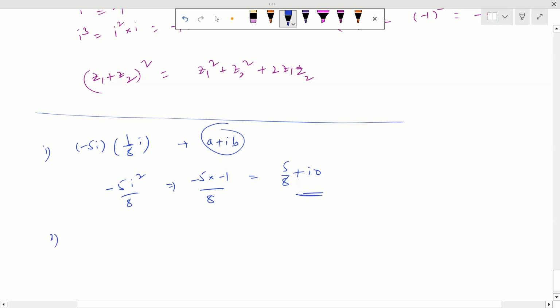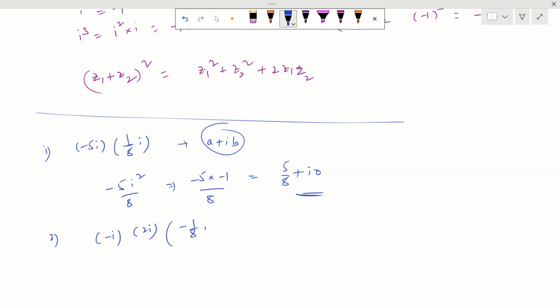The second example I am taking here is minus i into 2i, so minus 1 by 8 i cube. We need to simplify this one. Here minus i into 2i is minus 2i square.